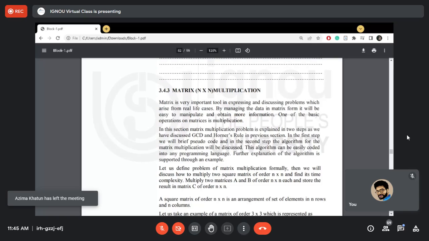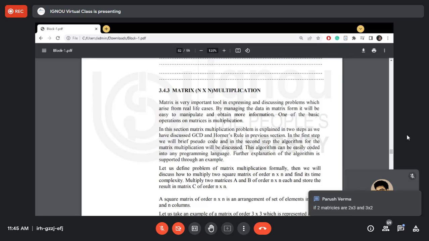In the normal case, we have studied in our college time that we take the first row from the first matrix and the first column from the second matrix, multiply them and add each. Is the rule that the number of columns and rows should be equal in both matrices? Yes, you are right, the matrices that we are multiplying should be compatible.